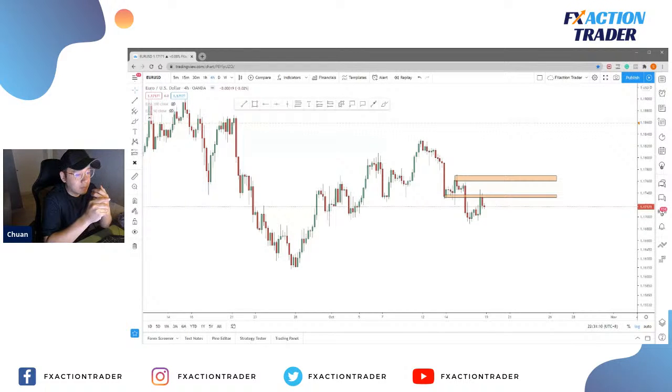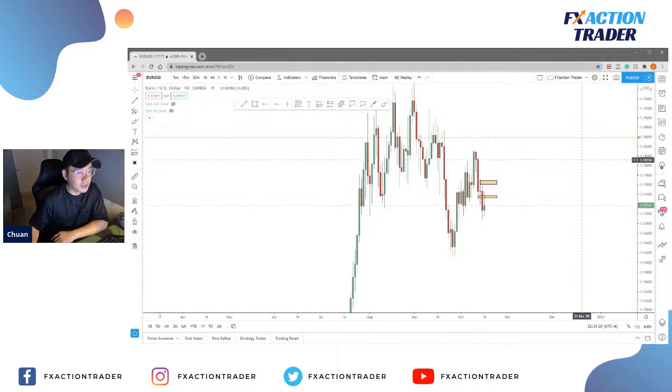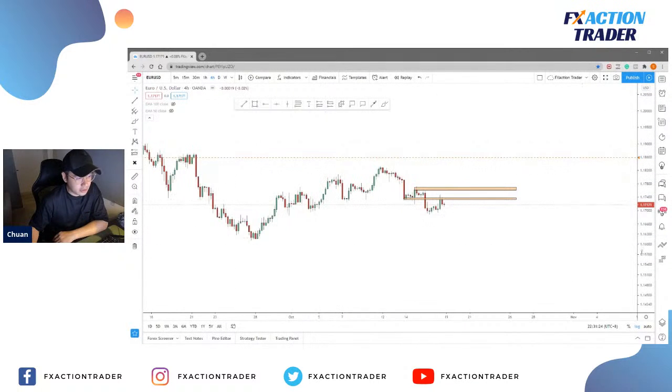So I am more focused on the H4 chart compared to the daily chart, because what happens on the daily chart takes time to happen.